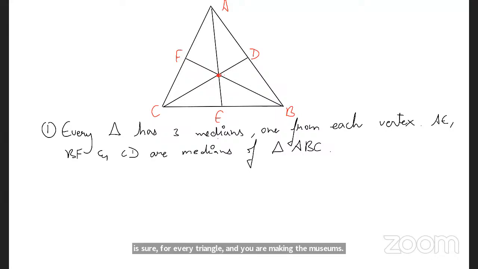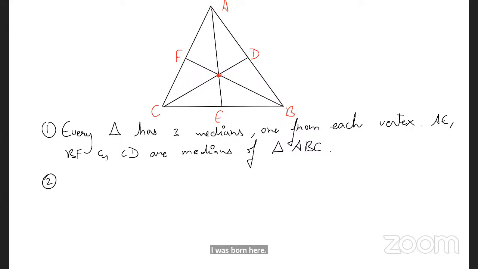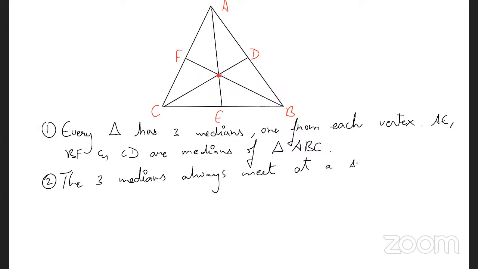That is sure. For every triangle, when you are making the medians, they will always meet at a point. Okay. This is the second property you can write. The three medians always meet at a single point, no matter what the shape of the triangle is.